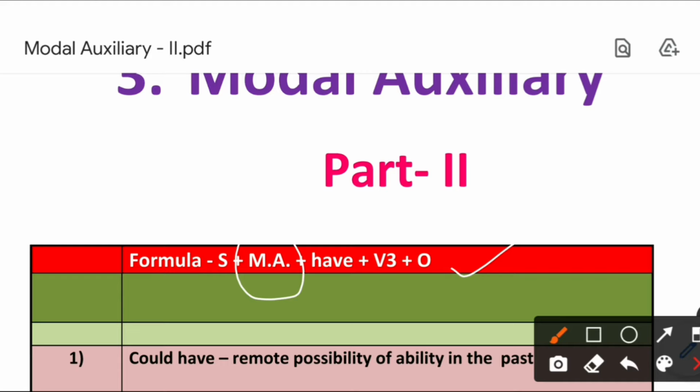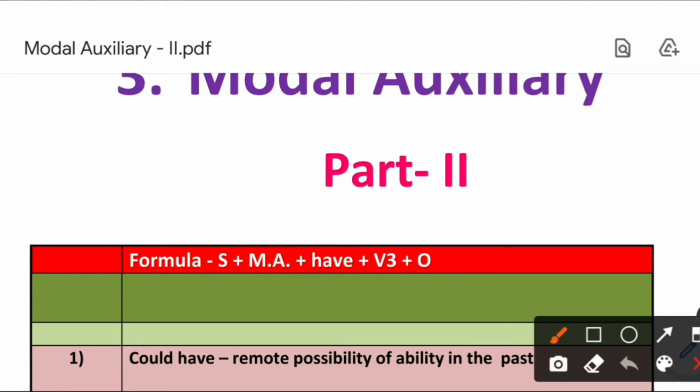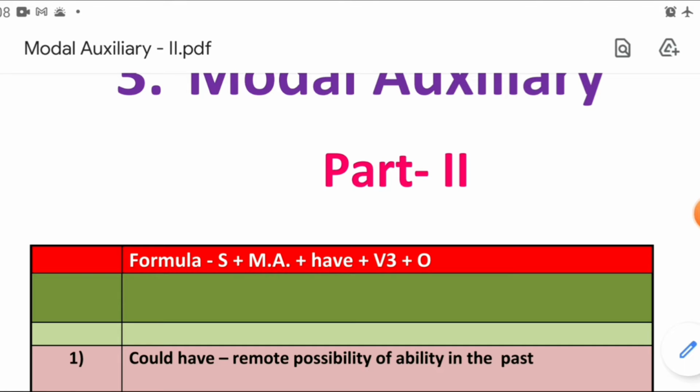Unlike this, in this episode we use modal auxiliary with have and then verb third form. Our previous formula was modal auxiliary plus v1. It has very different meaning, though there are same modal auxiliary verbs. So let's learn them one by one.